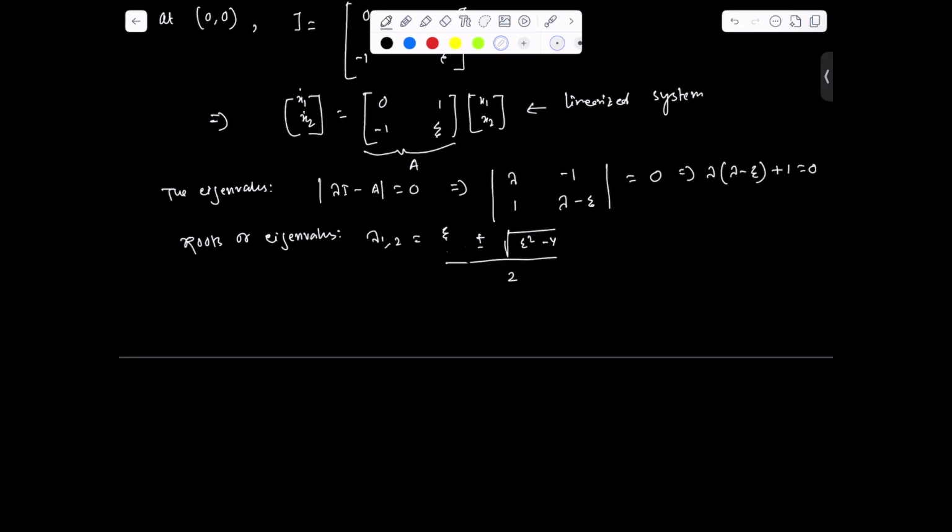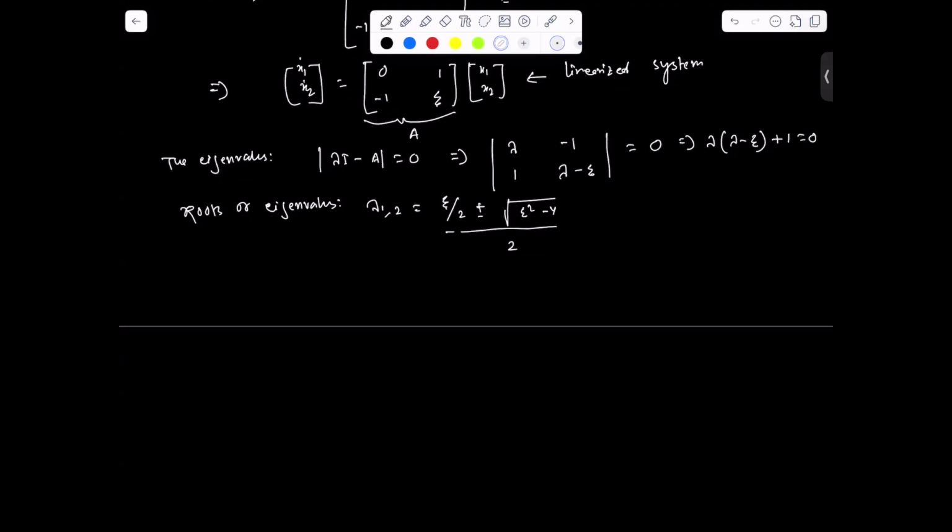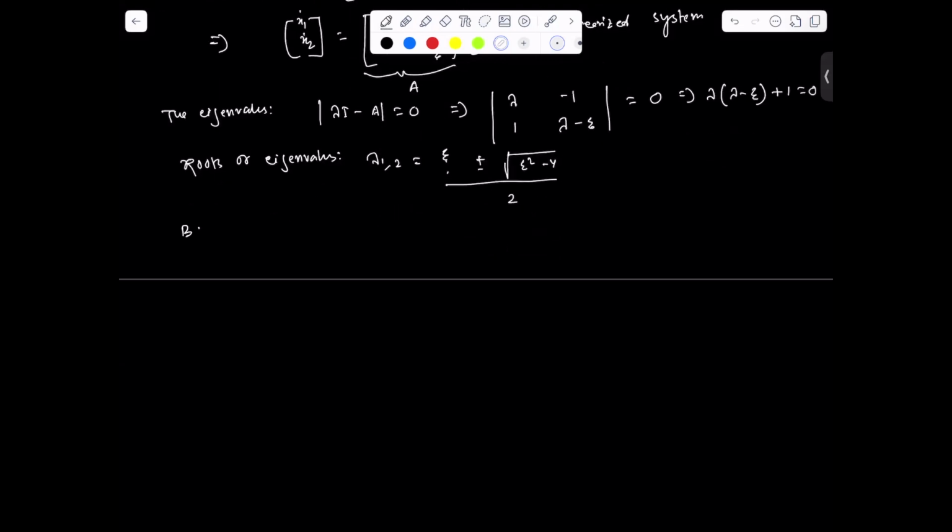Here, if you notice carefully, for different values of zeta, we have different eigenvalues, right? So let's look at how, based on the range of zeta, the eigenvalues are classified.